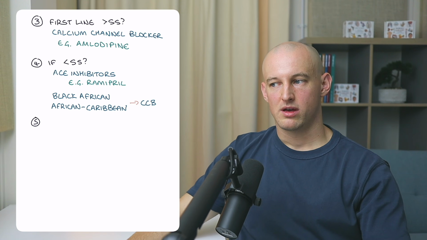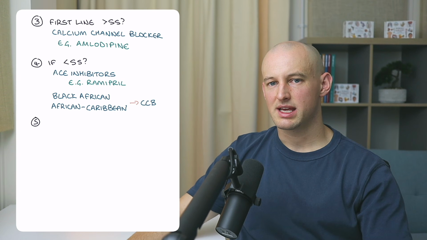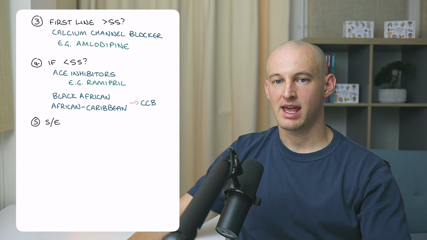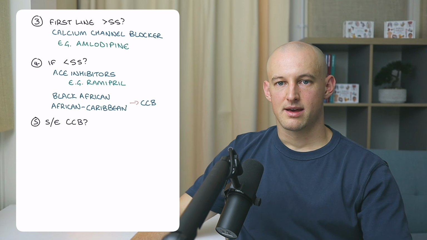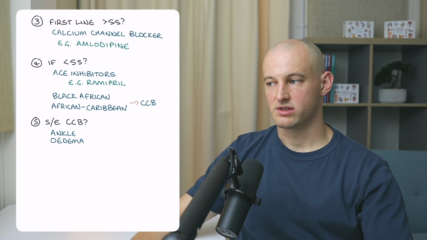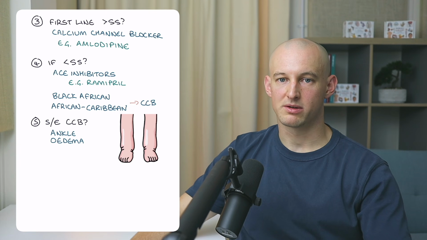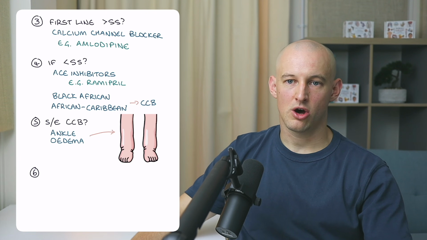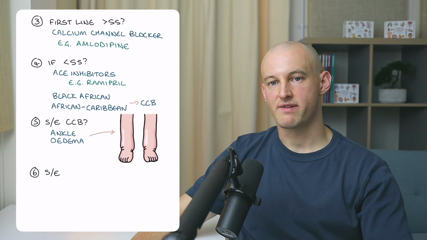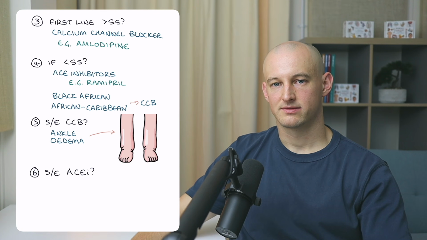Question 5. What's the key common side effect to calcium channel blockers? Ankle edema. So swelling of the ankles is common with calcium channel blockers. And question 6, what's the common side effect of ACE inhibitors?